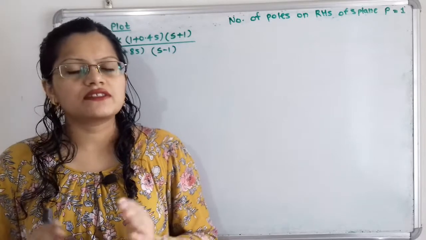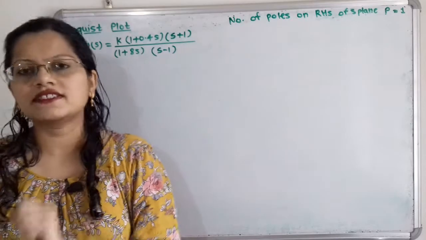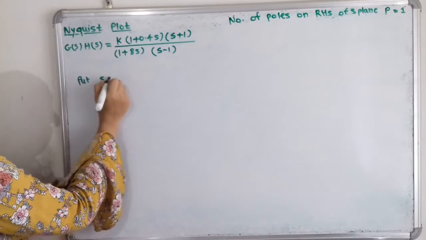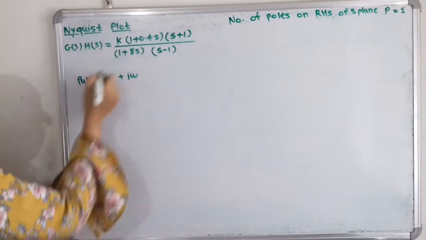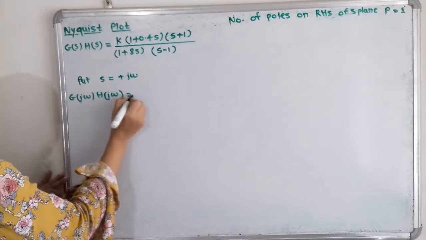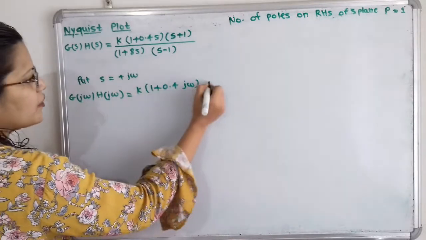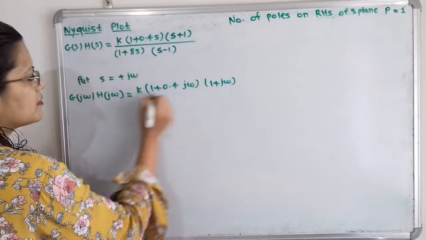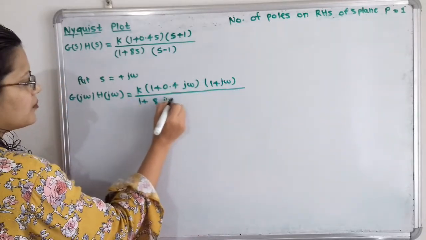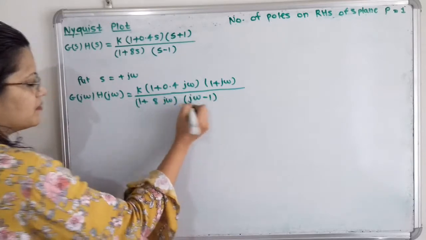So for this section C1, we will first put S is equal to plus j omega in the given transfer function. Then G(j omega) H(j omega) is equal to K (1 + 0.4 j omega)(1 + j omega) divided by (1 + 8 j omega)(j omega - 1).